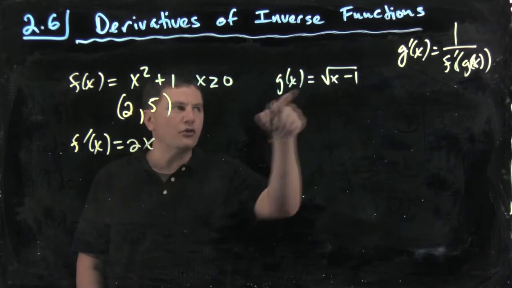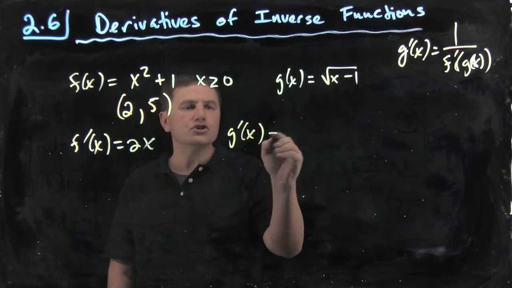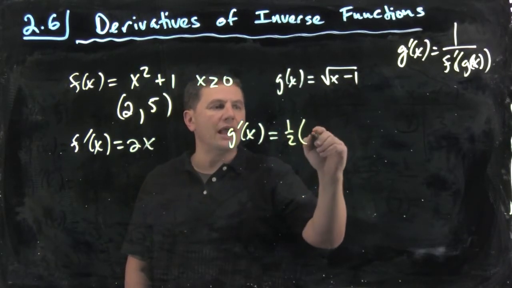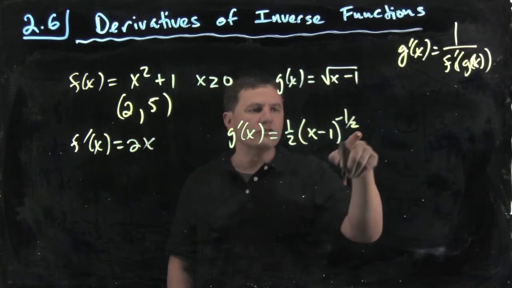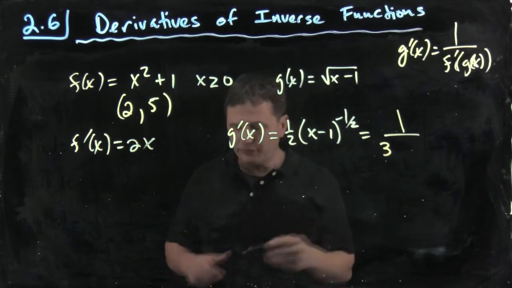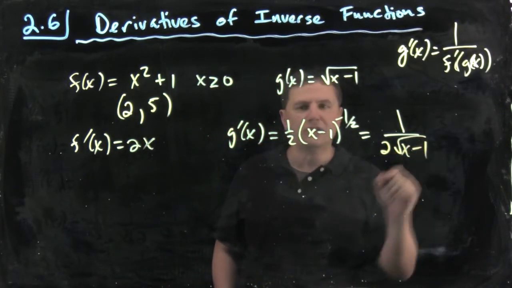Now, by the way, I'm just confirming that this little rule works. The derivative of g, I'm going to use chain rule here. If it helps, call the square root the power of 1/2. So 1/2 times x minus 1 to the negative 1/2 times the derivative of the inside, which is 1, so I don't actually have to write that out. And so this would be 1 over 2 square root of x minus 1.